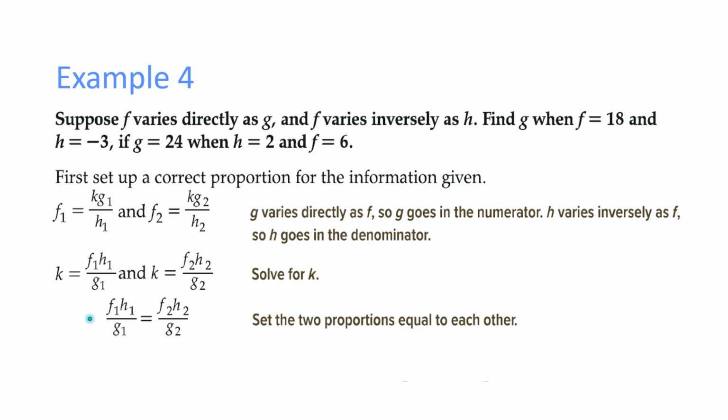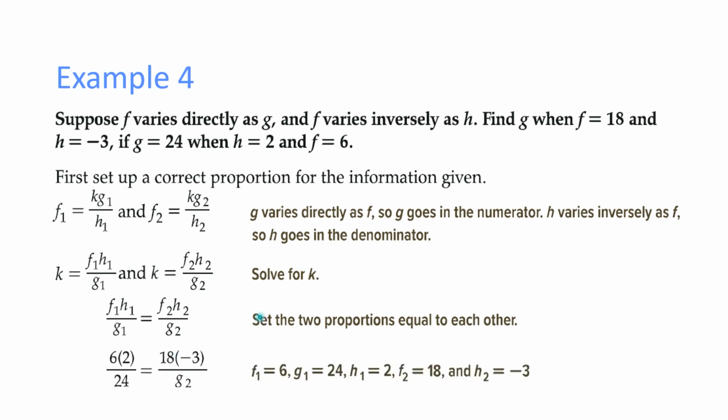So f1 h1 over g1 equals f2 h2 over g2. Now we can substitute these values: f1 equals 6, g1 equals 24, h1 equals 2, f2 equals 18, and h2 equals -3.